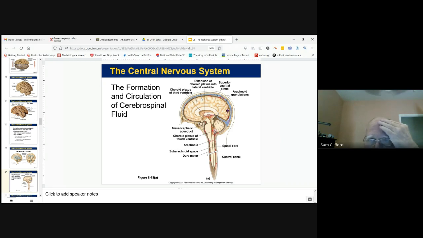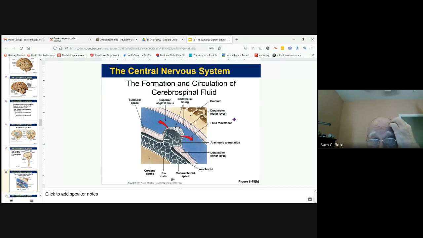So it's being moved around the brain so that all brain parts are exposed through the subarachnoid space below the arachnoid layer.